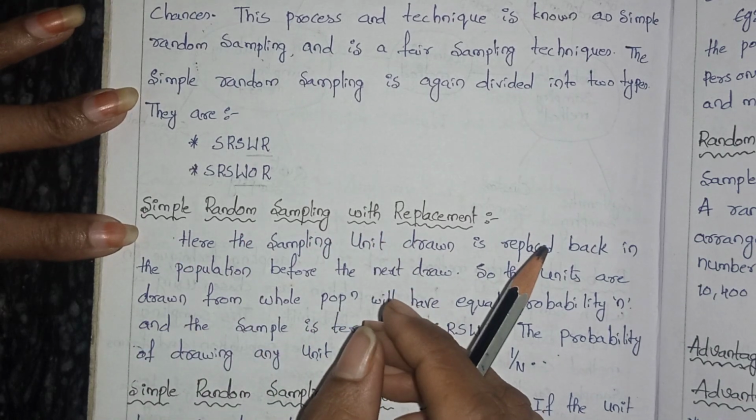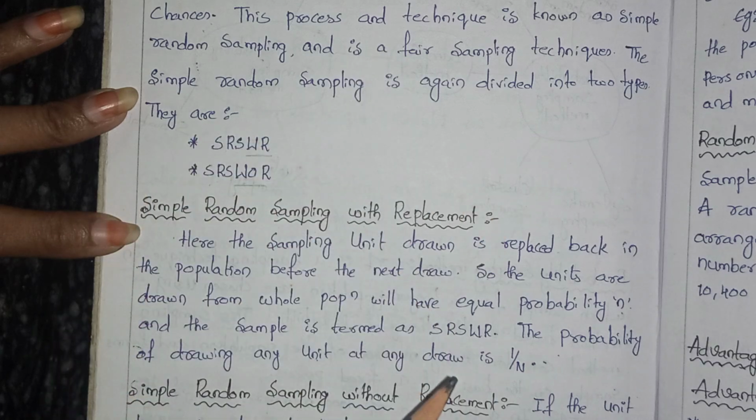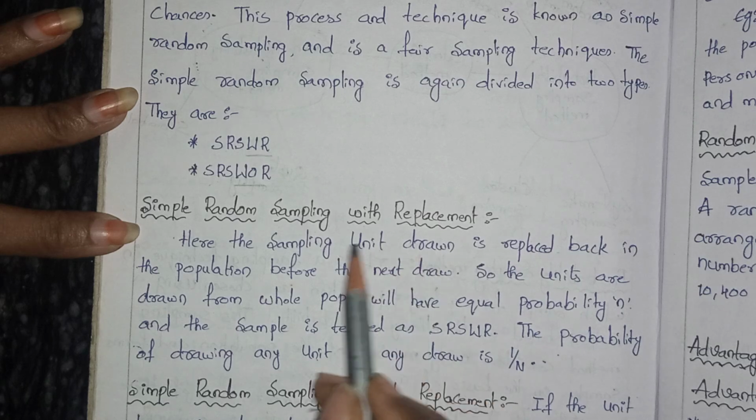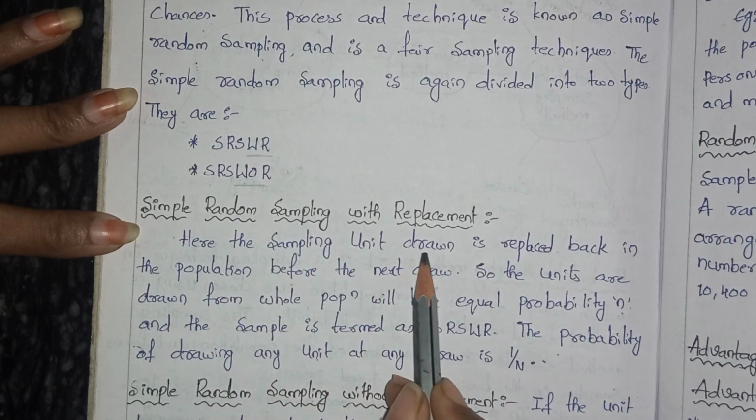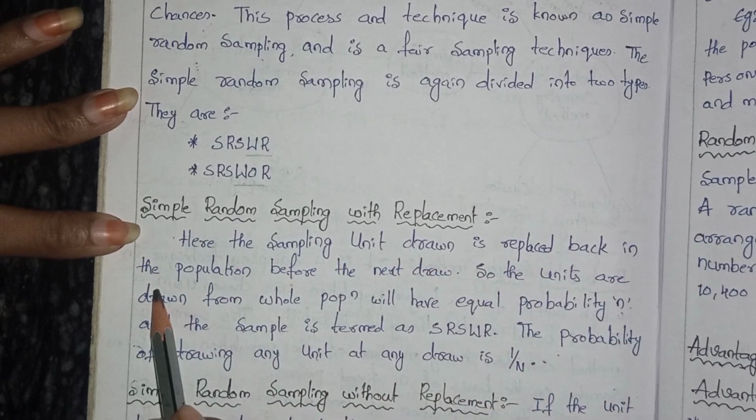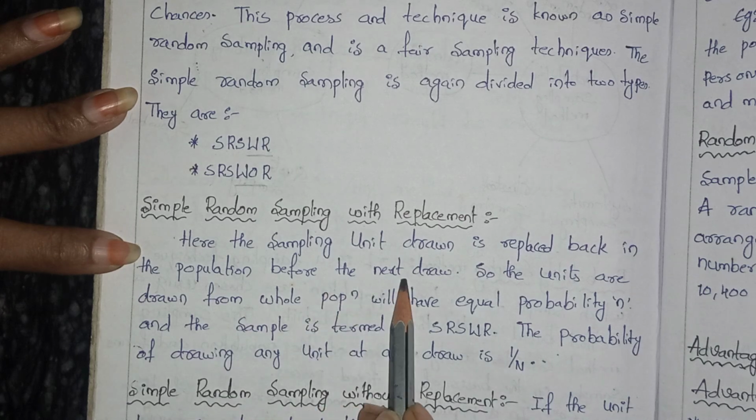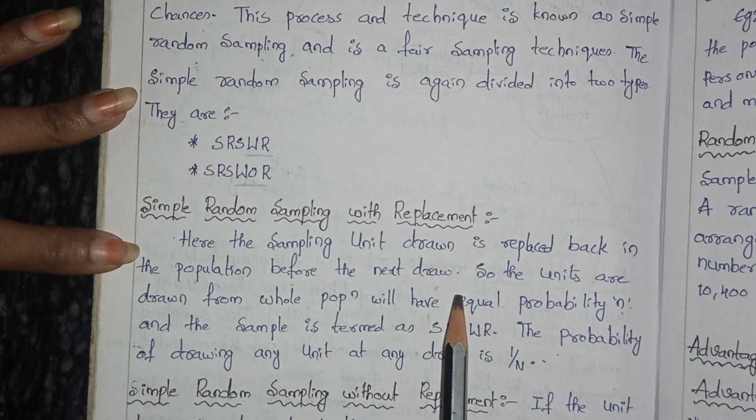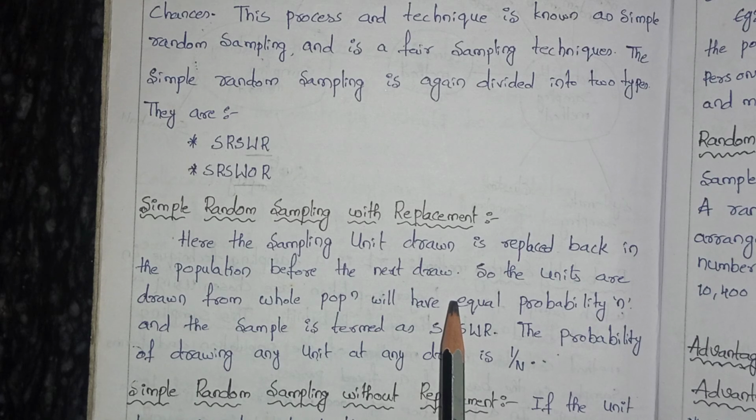With replacement means if we select one item, we can put it back again. Here the sampling unit drawn is replaced back in the population before the next draw. So if we select one item the first time, we replace it before drawing the second one.